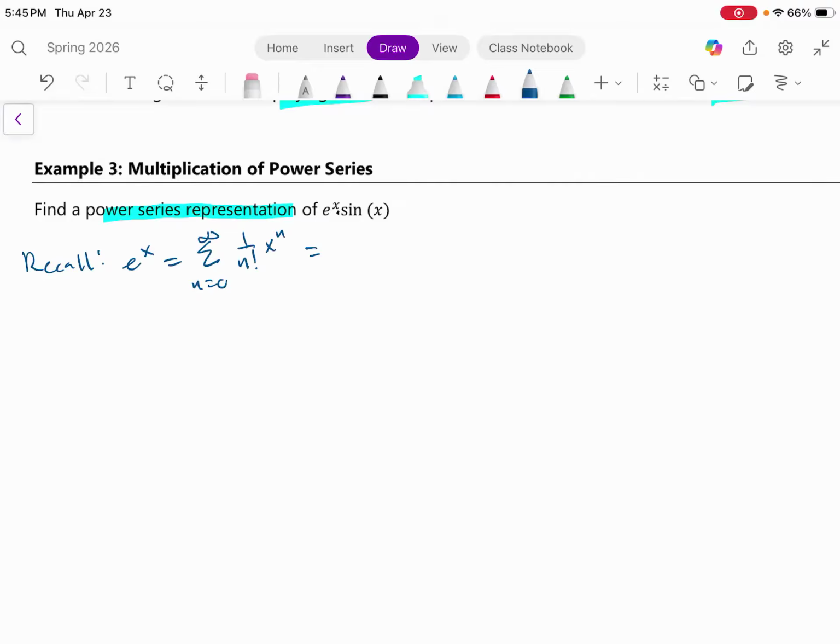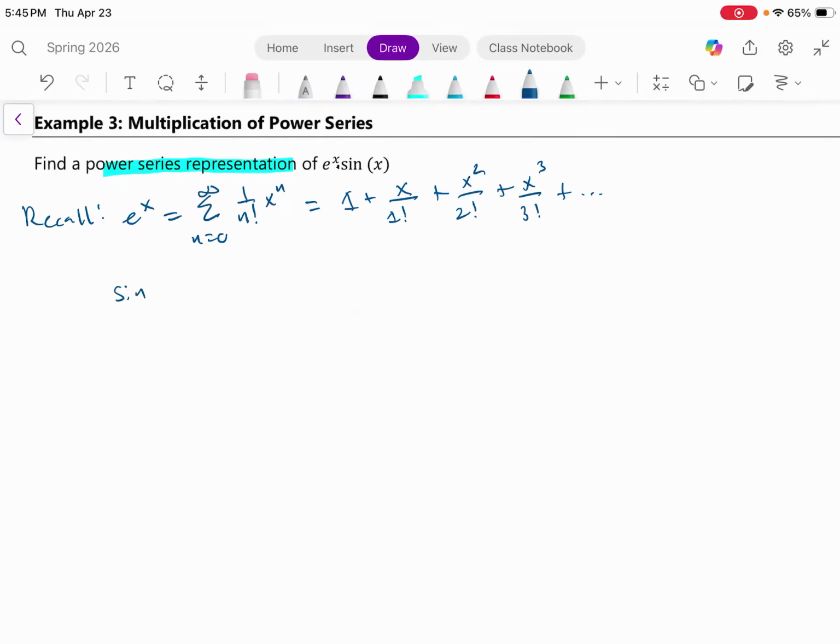The first couple terms are 1 plus x over 1 factorial plus x squared over 2 factorial plus x cubed over 3 factorial, etc.